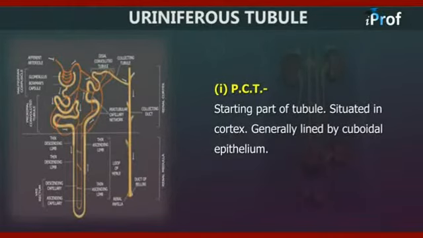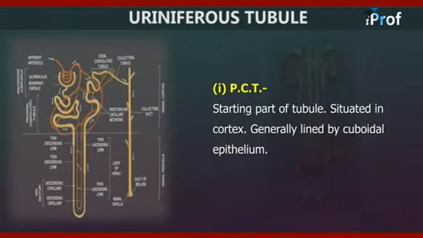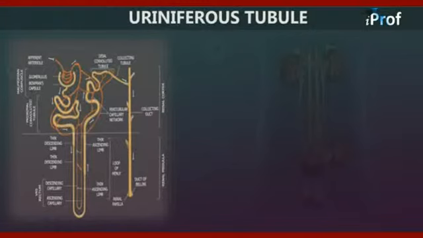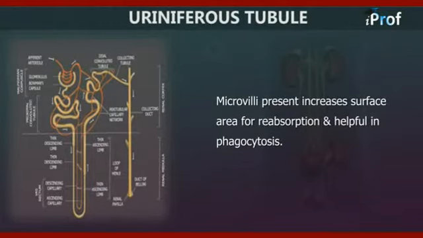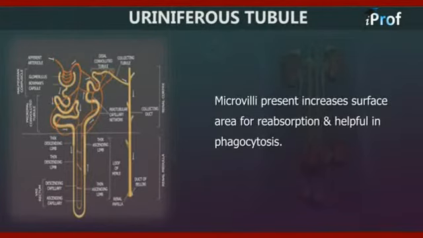It is starting part of tubule situated in cortex, generally lined by cuboidal epithelium. Microvilli present. Microvilli increases surface area for reabsorption and helpful in phagocytosis.